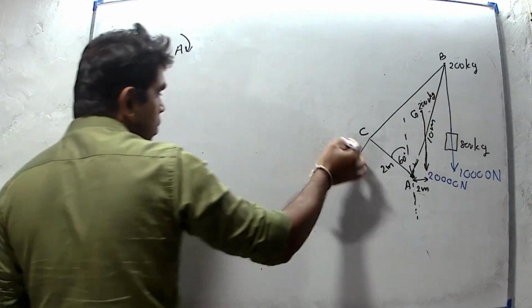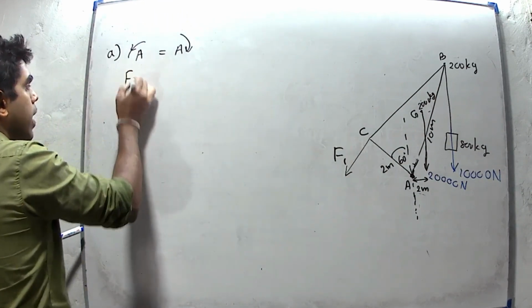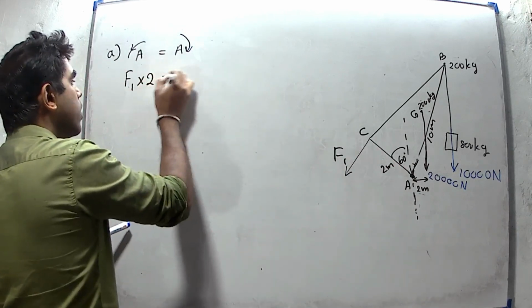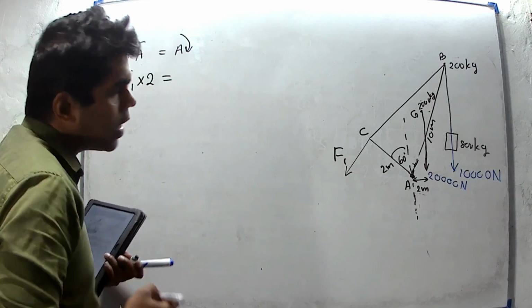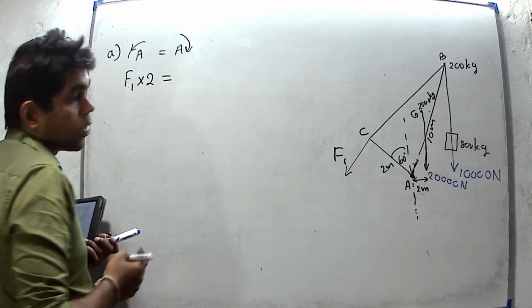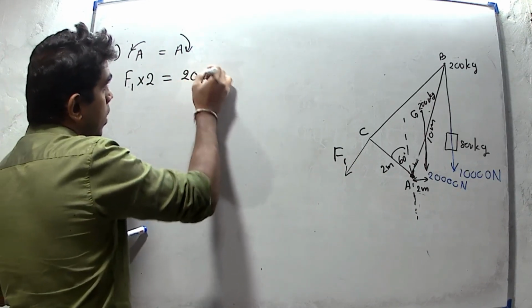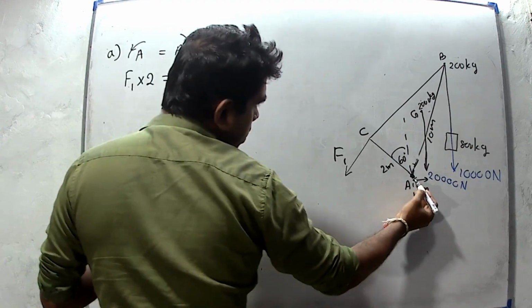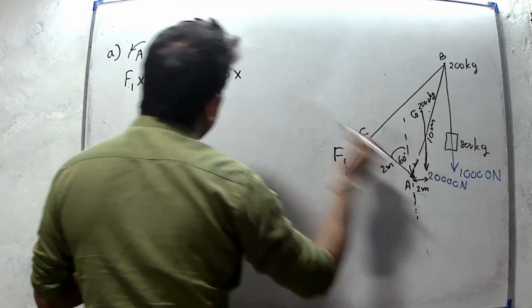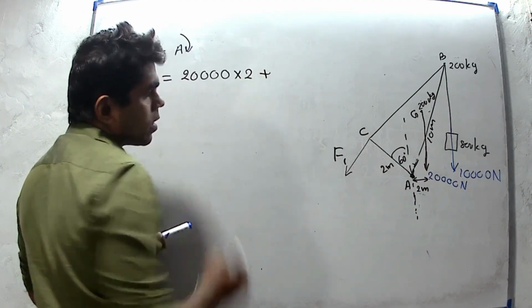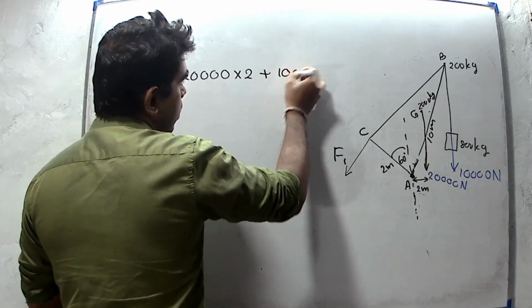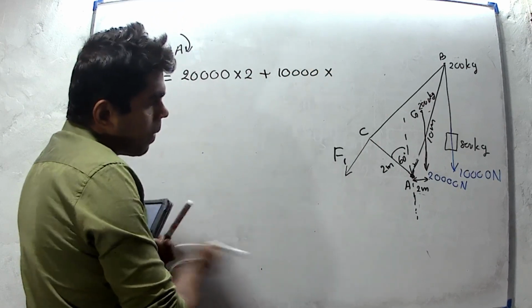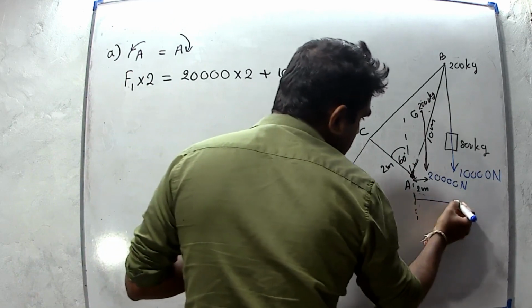Then counterclockwise torque is F1 into perpendicular distance from A, 2, which should be equal to clockwise torque, the sum of clockwise torques: 20,000 into perpendicular distance from A, 2 meters, which is given in the question, plus 10,000 multiplied by, now we have to get the perpendicular distance, this distance.